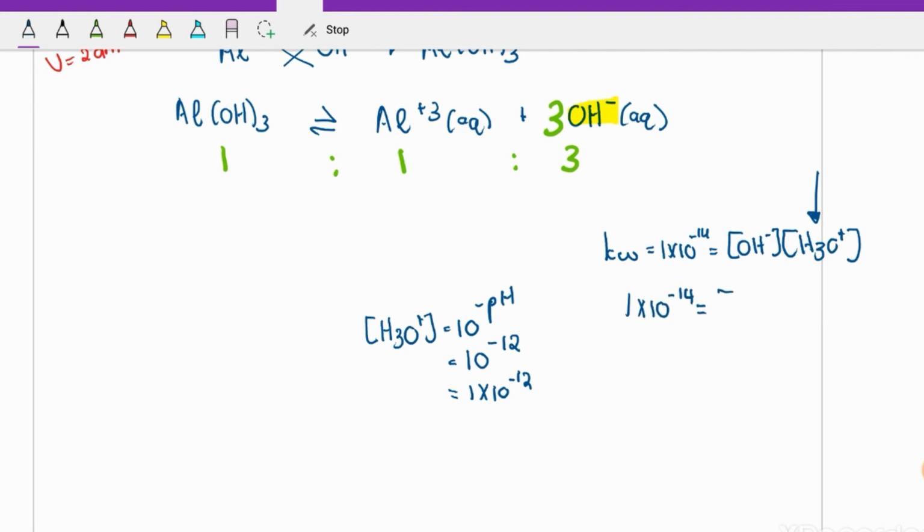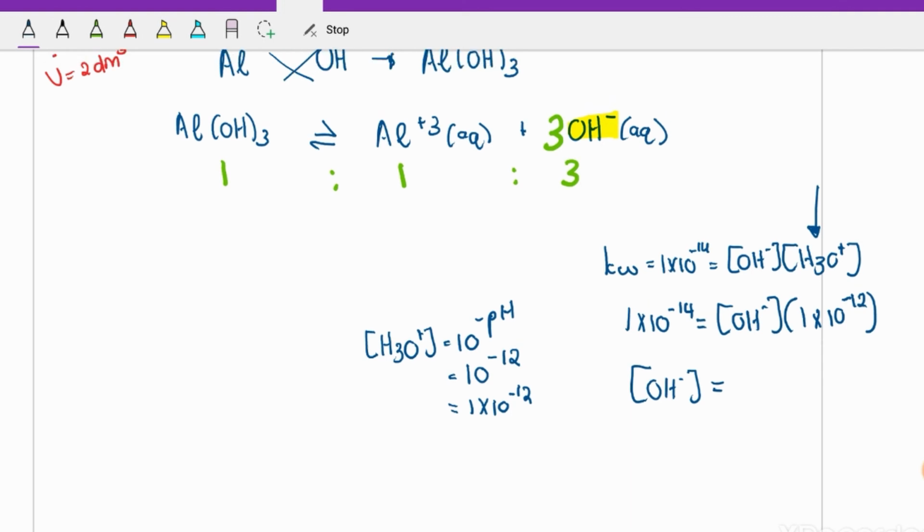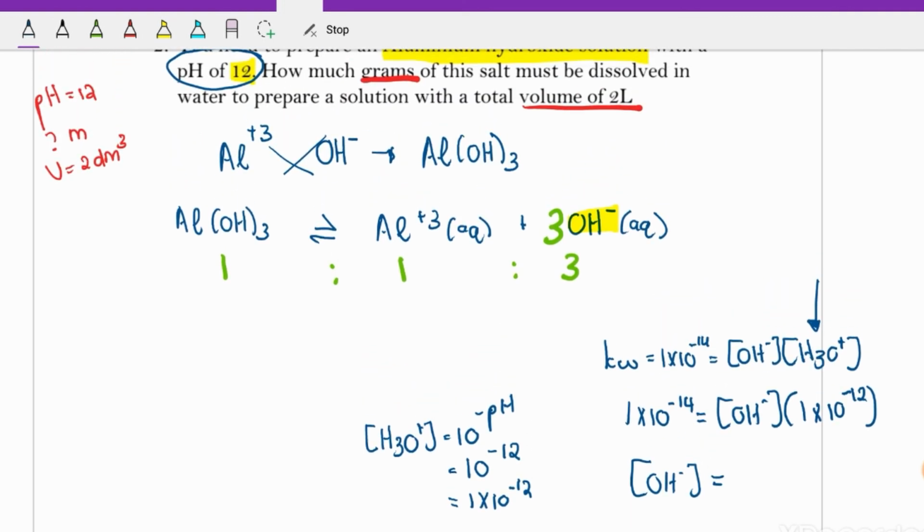Okay, the reason why we're following this route is you always want to start off with the information that they give you and then work your way backwards to what you're actually doing. Remember, we want to calculate how many grams of this I should dissolve.